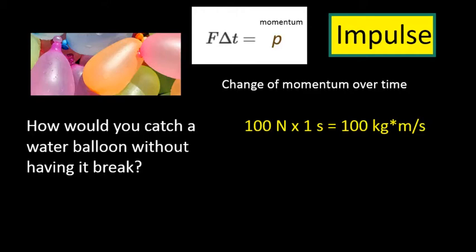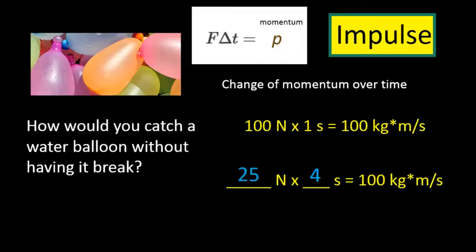All right, now the momentum, the 100 kilogram meters per second, is always going to stay the same because it's the same water balloon coming at you at the same speed. All right, so that's going to be the momentum of the water balloon. The force is going to be dependent on the time that you take to catch it. So let's say you take more time to catch that water balloon and you extend that period of time. That's going to reduce the force to 25 because the 100 is going to stay the same. So that's the idea of impulse.